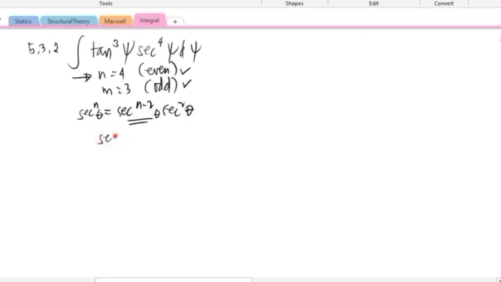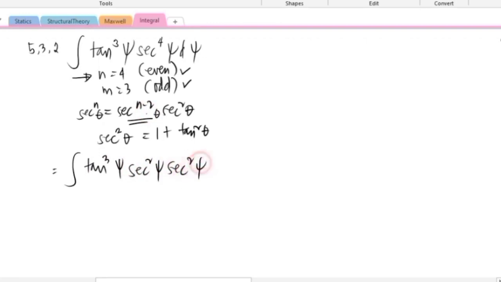So we set that using this identity, secant square theta is equal to 1 plus tangent square theta. So I have here tangent cube psi. Sa secant to the fourth, babawasan natin ang exponent na 2. So we have secant square psi, secant square psi d psi.